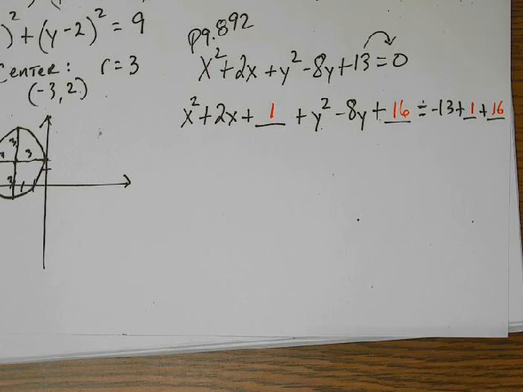Half of 2 is 1, 1 squared is 1, half of negative 8 is negative 4, negative 4 squared is 16. Add both those to both sides.